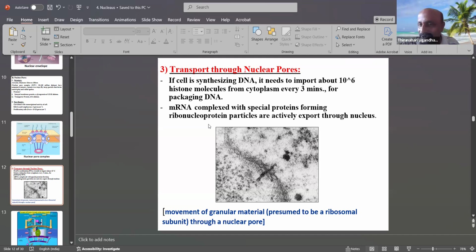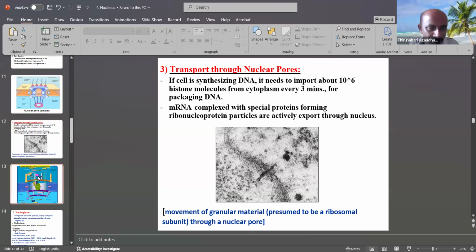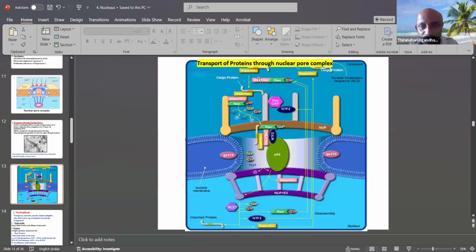There is also movement of granular material, presumed to be ribosomal subunits, through the nuclear pores, which is important for the nuclear pore complex. This is also transport of protein through the nuclear pore complex.